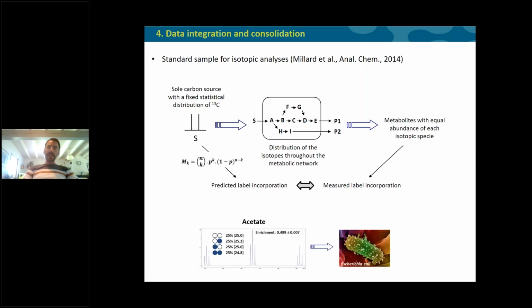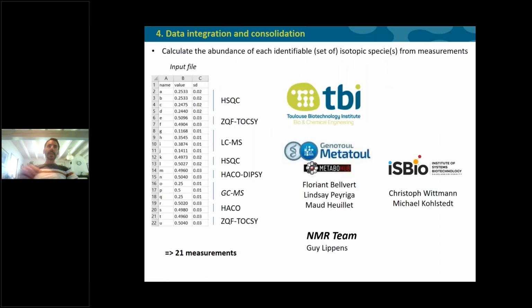We generated this sample by growing E. coli on acetate. All the information on the production of this sample can be found in this publication. And we sent this sample to different platforms: the GenoTool and MetaTool platforms of MetaToul, also the NMR team of the Toulouse Biotechnology Institute, and some colleagues from the Institute of Systems Biotechnology in Saarland University.